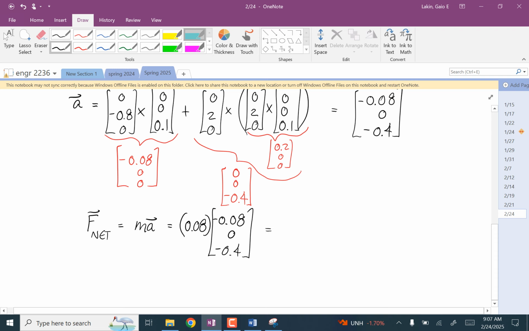So that is negative 6.4 times 10 to the minus 3, and this is negative 0.032, so 3.2 times 10 to the minus 2. And this is newtons. Any questions about that?